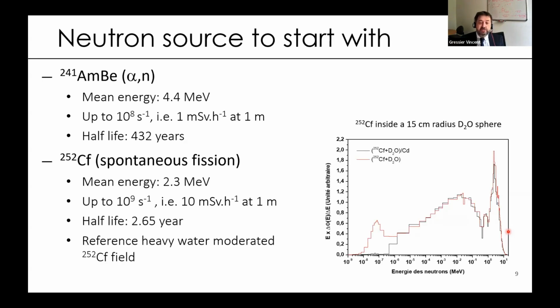An advantage is that in the ISO standards you also have a reference heavy-water-moderated californium field, which is this one. You still have this fast part, which is non-moderated, and then you have the field up to the thermal range. You have an energy distribution which gives you a wide energy range field, which we can consider as a kind of realistic neutron field.